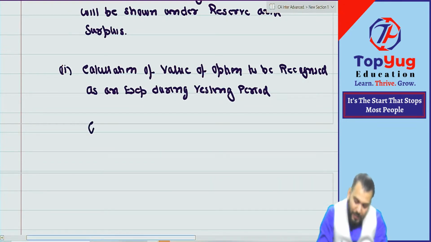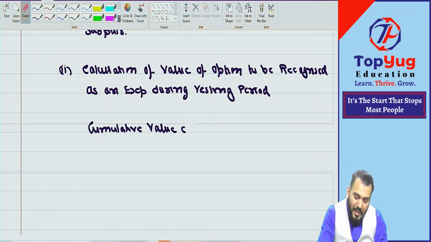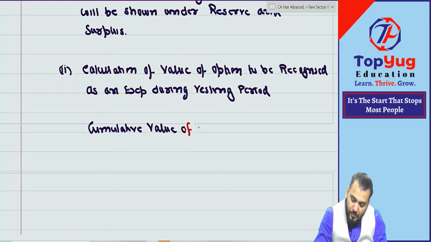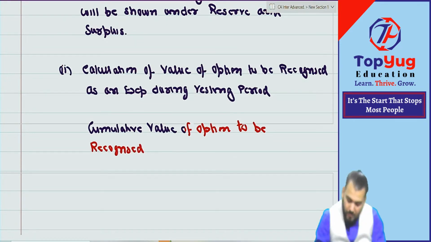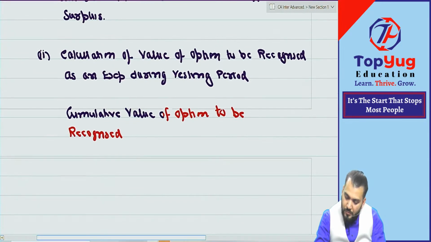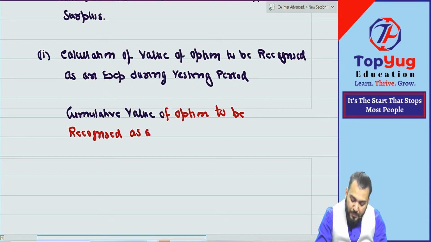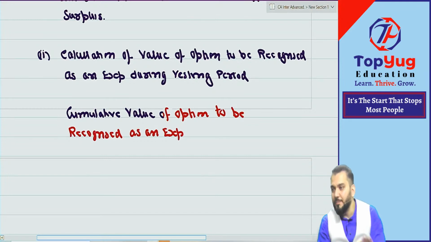So first we'll try to calculate the cumulative value of option to be recognized as an expense, correct, till the expired period.